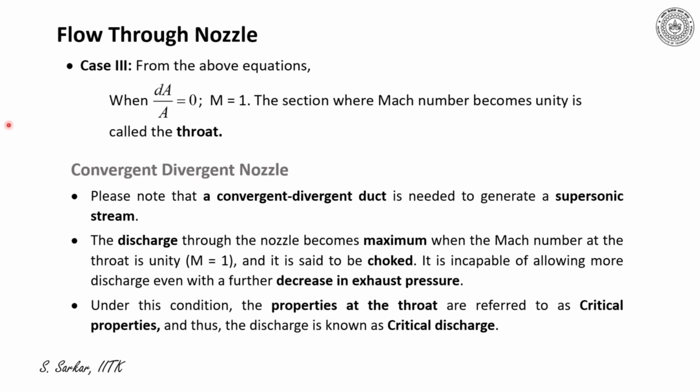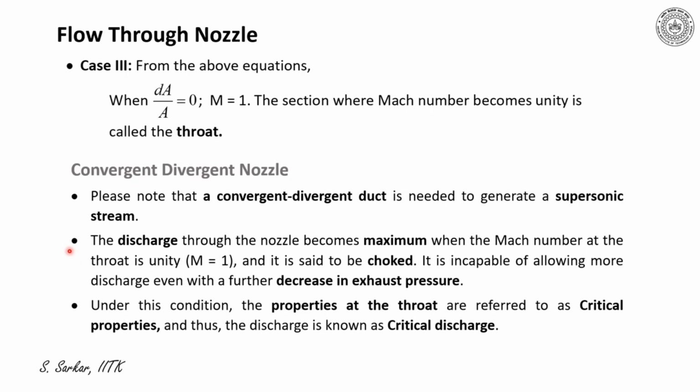Now I'll discuss convergent divergent nozzle. Please note that a convergent divergent nozzle is needed to generate the supersonic stream, because in a nozzle the speed of flow can be maximum of Mach number 1 at the throat. Thus, the discharge through the nozzle becomes maximum when the Mach number at the throat in a convergent divergent nozzle becomes unity.